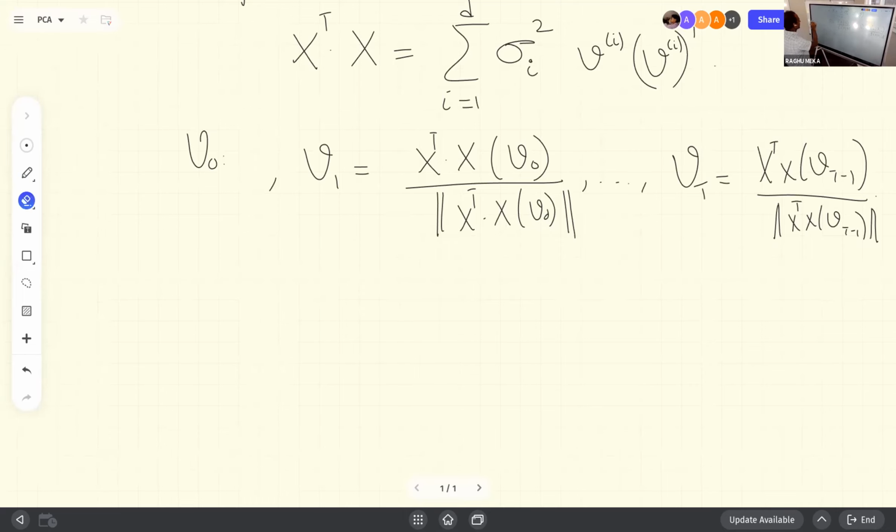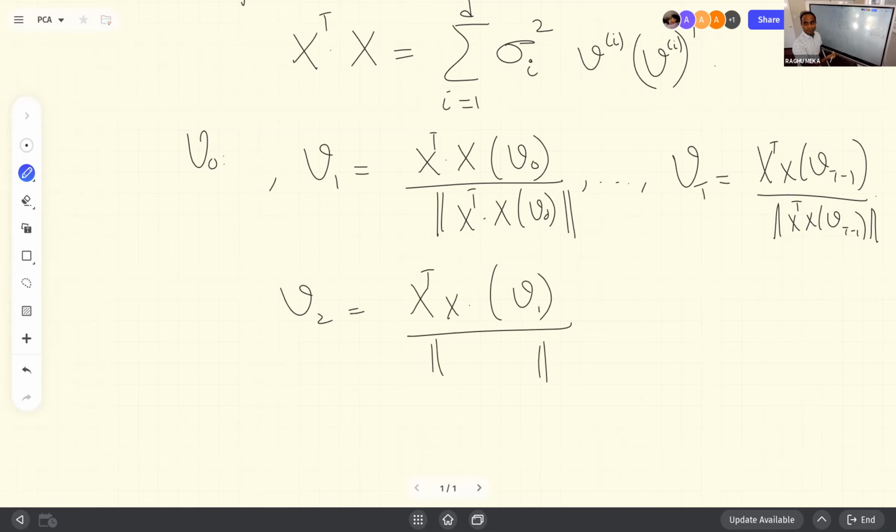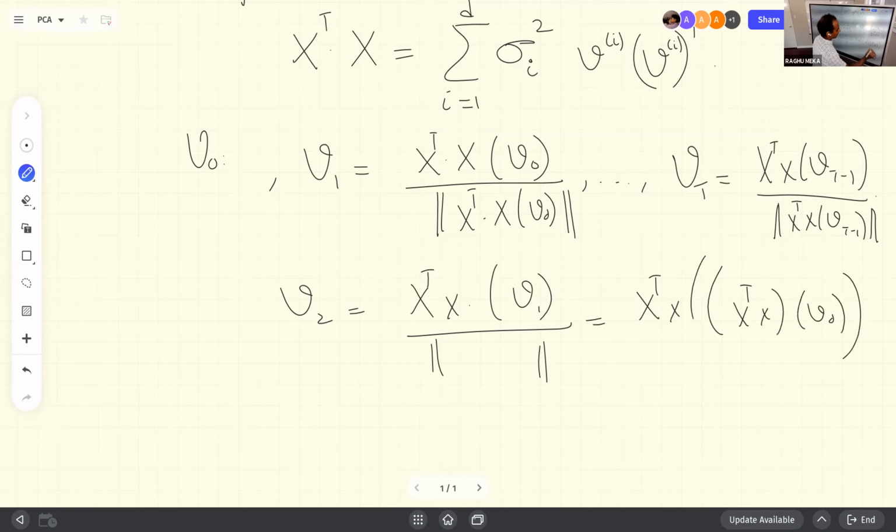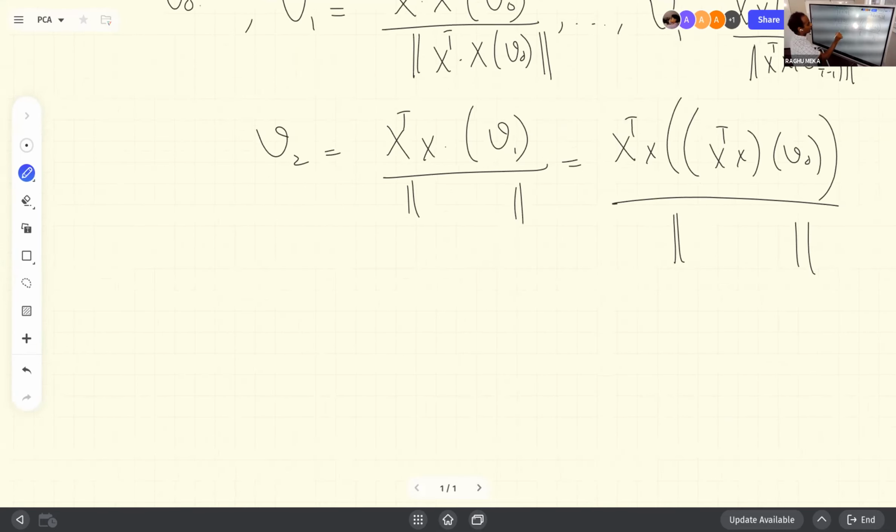Let's see what happens after the second step. V2 is X transpose X times V1 divided by some norm, which is just X transpose X times X transpose X times V0 divided by some number. Which in turn is just X transpose X whole squared times V0 divided by something.